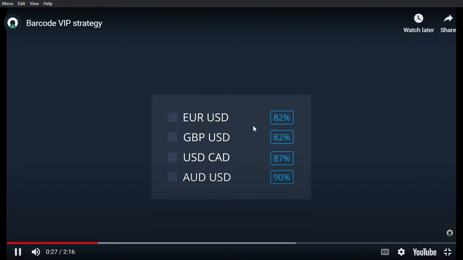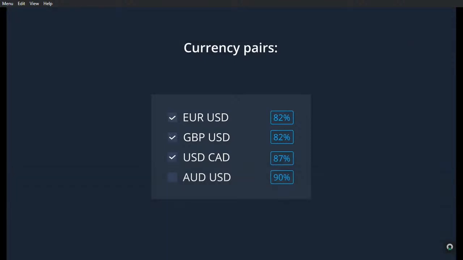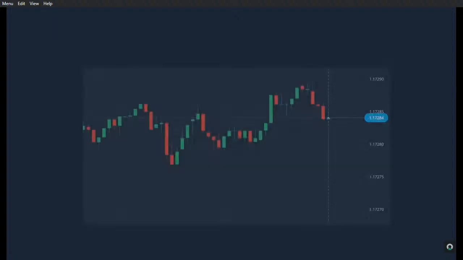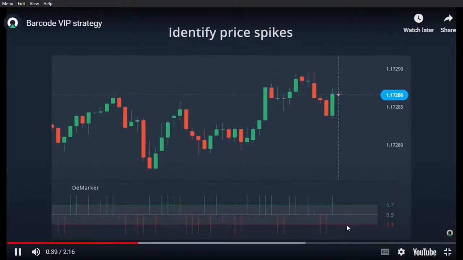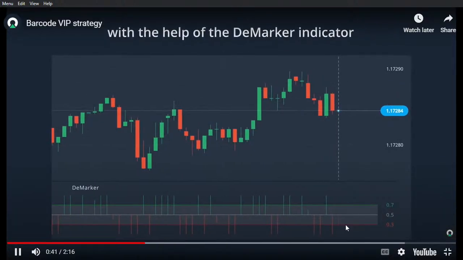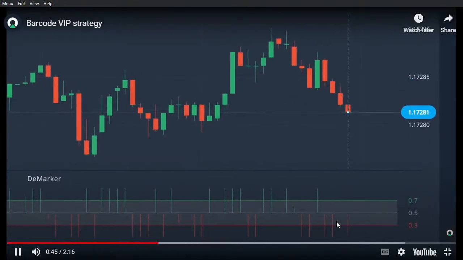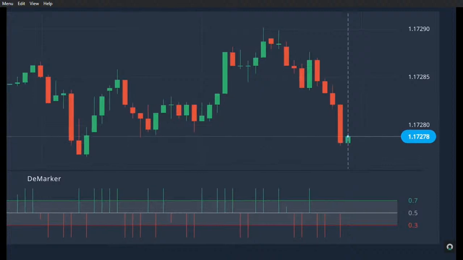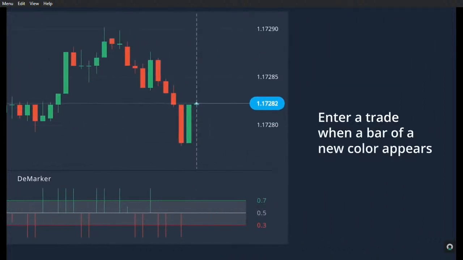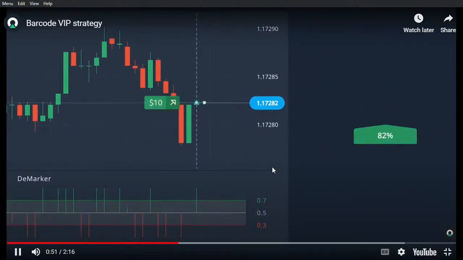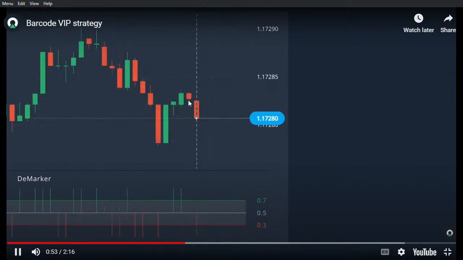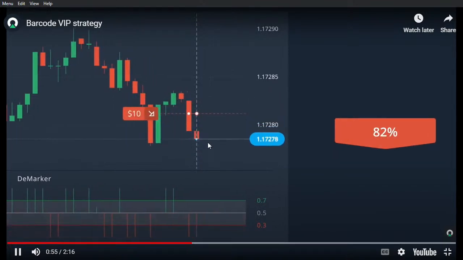For this strategy, we choose currency pairs with high volatility: Euro dollar, Pound dollar, American dollar, Canadian dollar, and Australian dollar. With the help of the DeMarker indicator's bars, you will be able to identify price spikes and make profitable trades. To start earning, all you have to do is open the trade on time. If the indicator shows a green bar, open an up trade. If it's red, open a down trade.